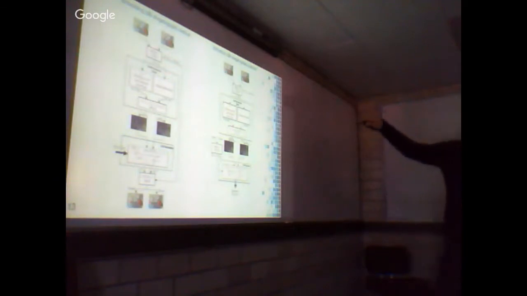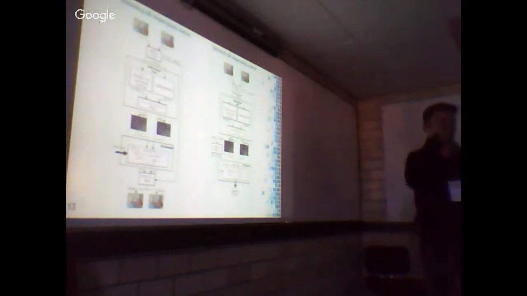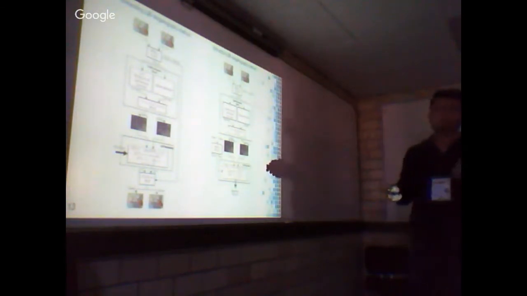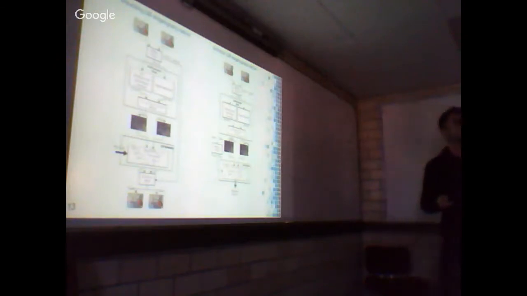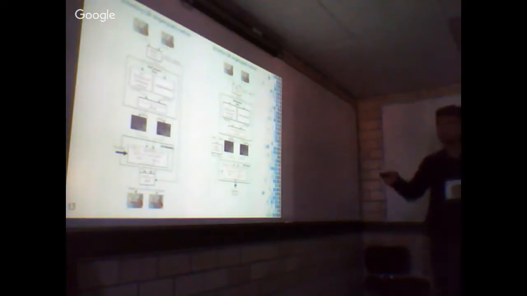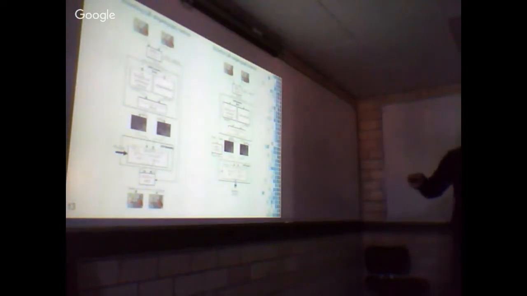Let me explain this. We have the paired stereoscopic images, left and right. These images are converted from RGB to YCbCr, a different color space.